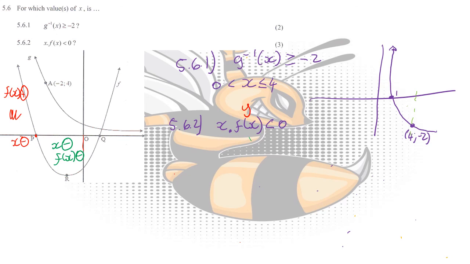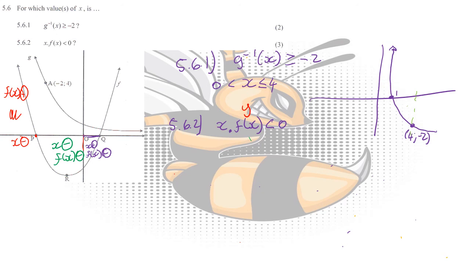Then between O and Q, we have positive x values, but my function f of x will be negative. That means a positive times a negative, so that is also a situation which satisfies my inequality.